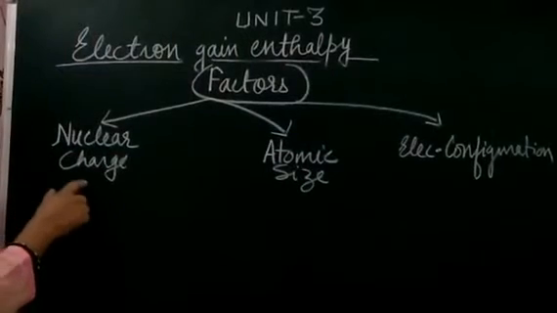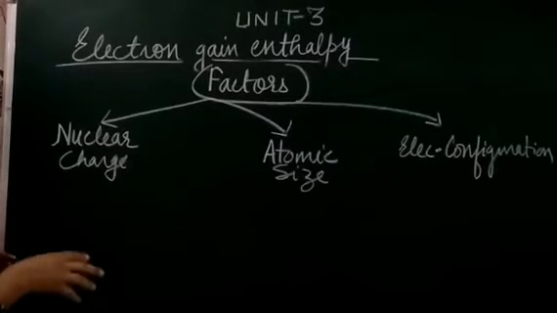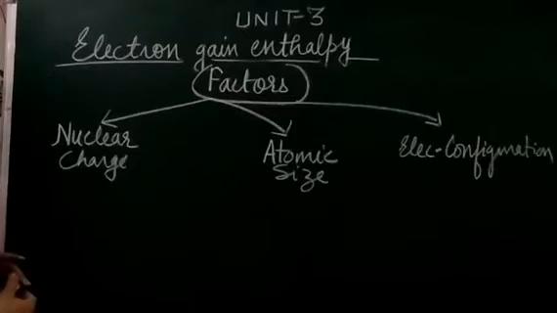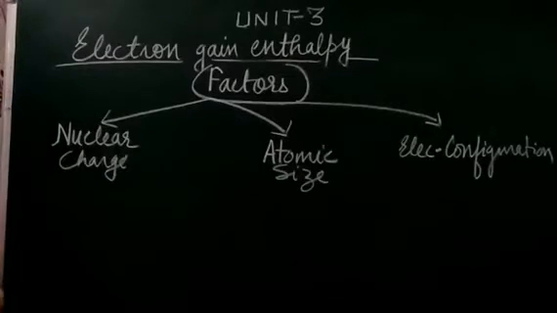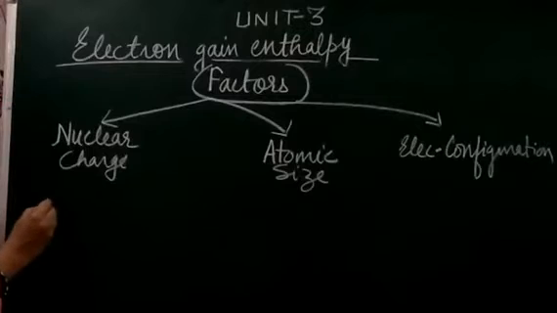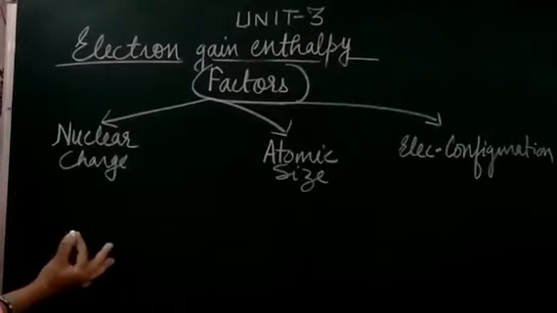If the nuclear charge of an atom is more, there will be a strong force of attraction between that atom and the incoming electron, and hence a greater tendency to accept that electron. So it will have a higher value of electron gain enthalpy, that means higher negative electron gain enthalpy.